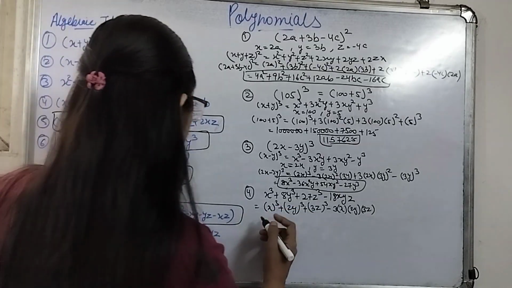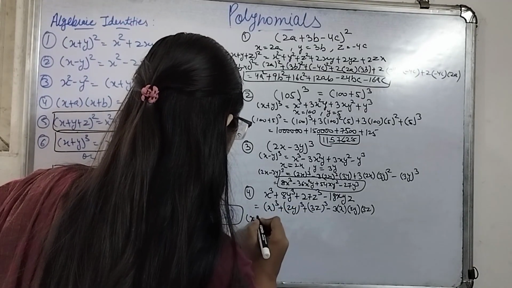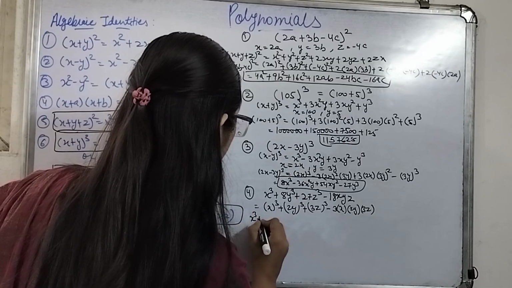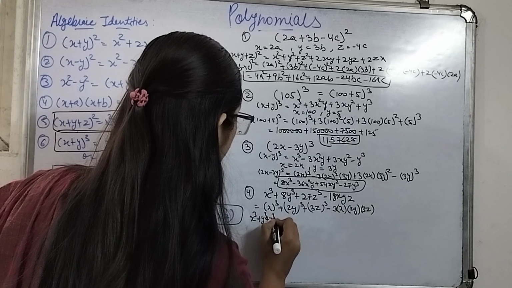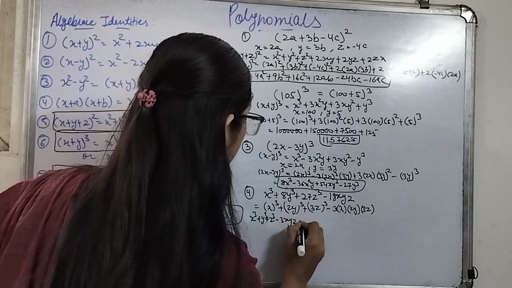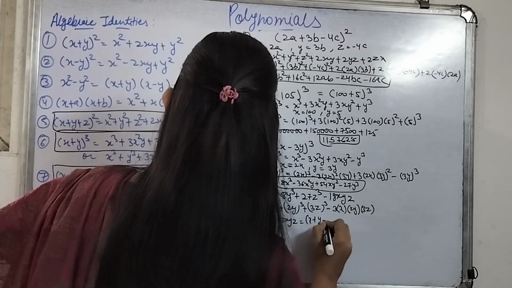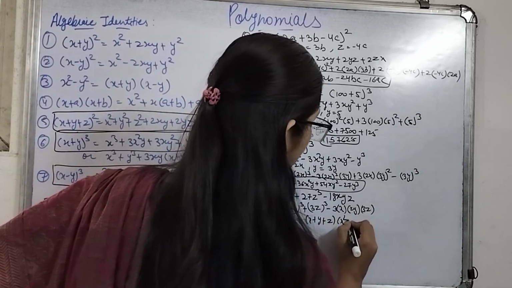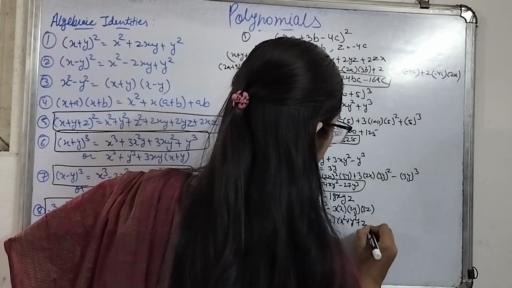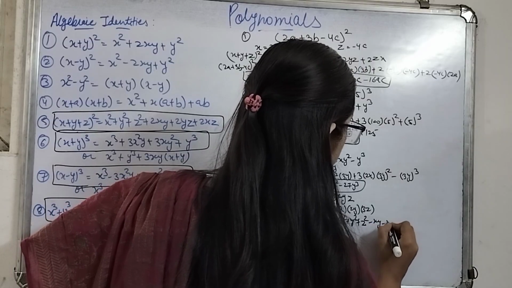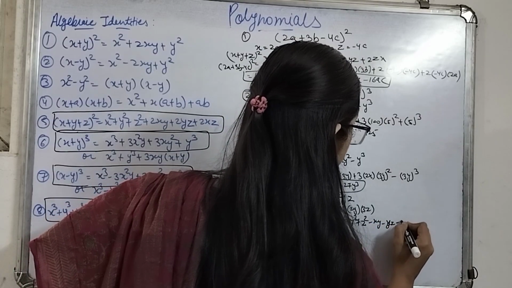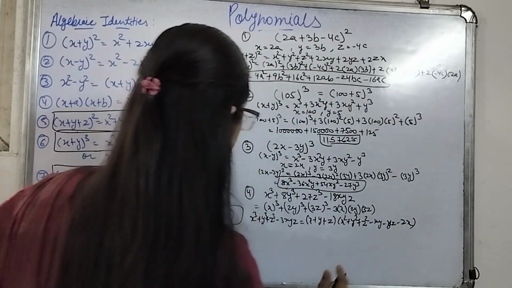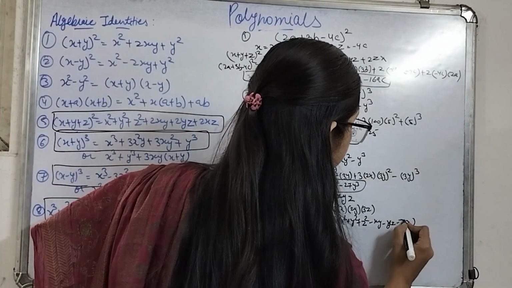So first of all, we will write the identity: x cube plus y cube plus z cube minus 3xyz can be written as x plus y plus z, times x square plus y square plus z square minus xy minus yz minus zx. This is the identity.